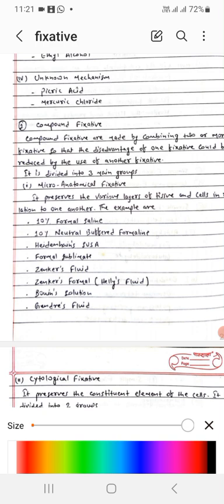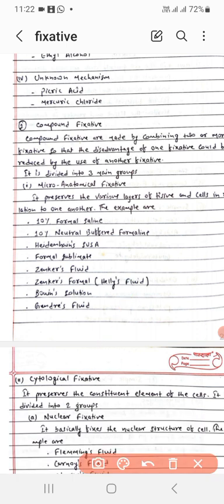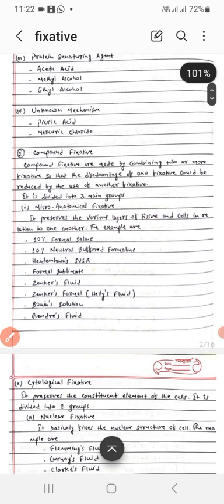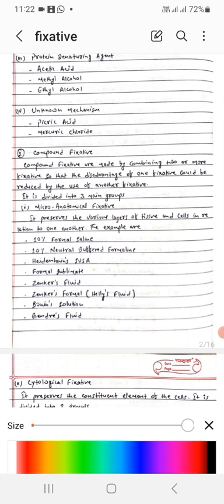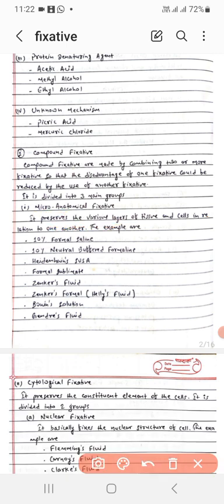Microanatomical fixative preserves the various layers of tissue and cells in relation to one another.